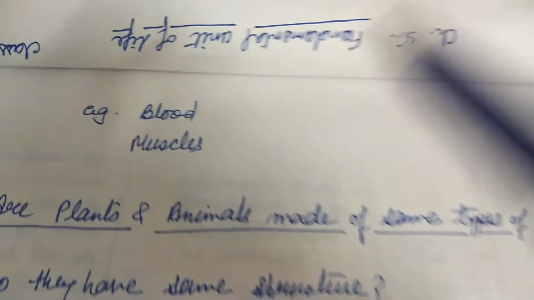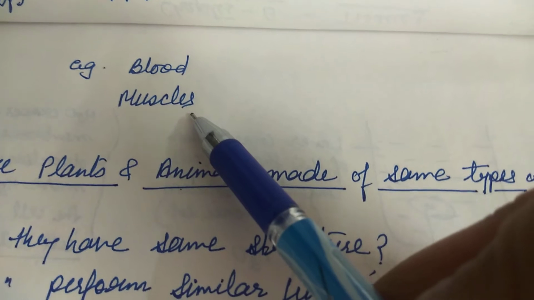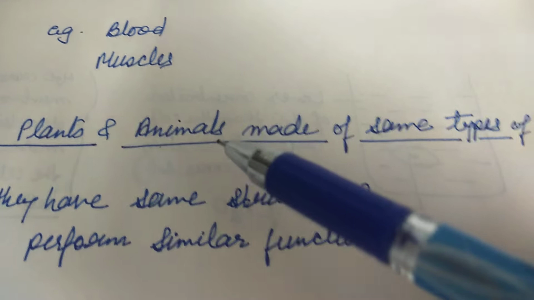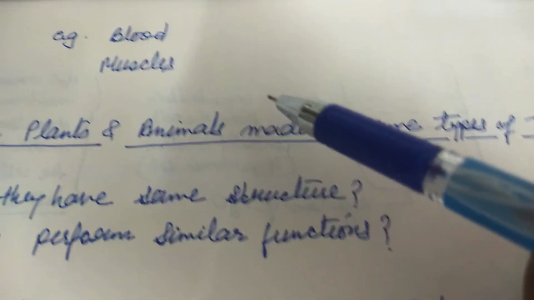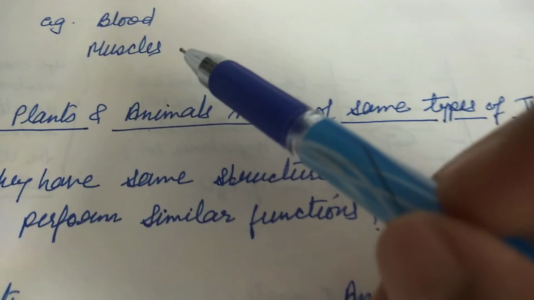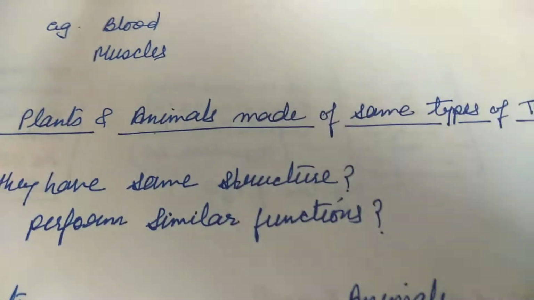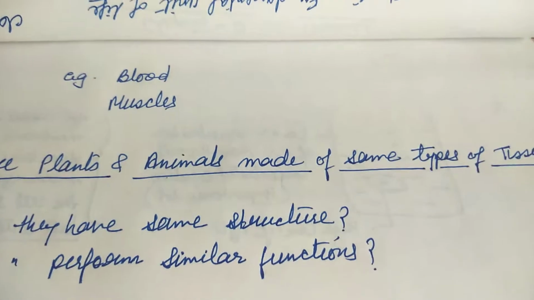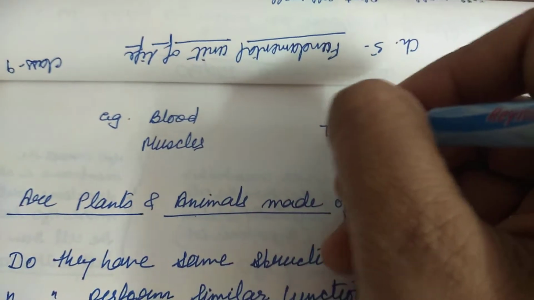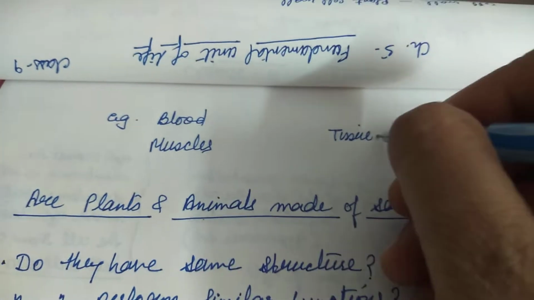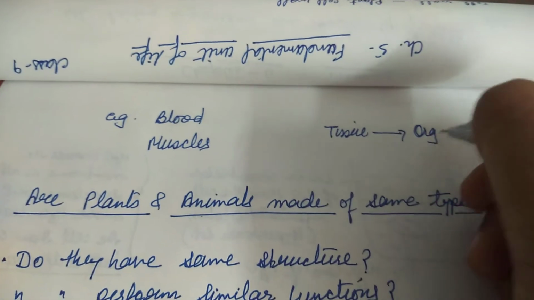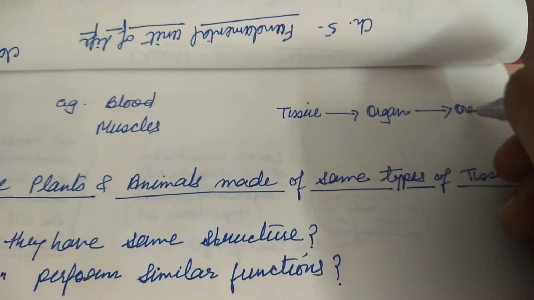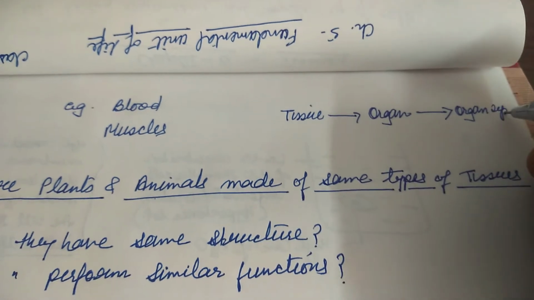Like muscles, we call them muscular tissues, they have taken the task of movement, they contract, they relax, right? So this way these different tissues, and there is a further organization. Tissues organize to form an organ, and organs are organized to form an organ system, right?